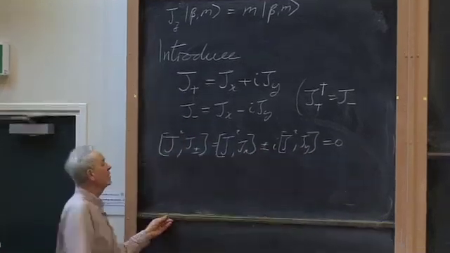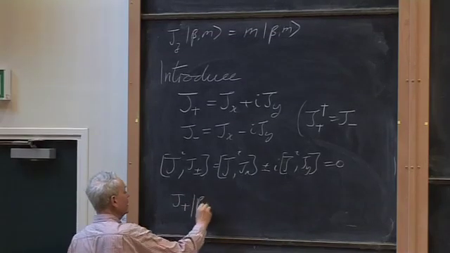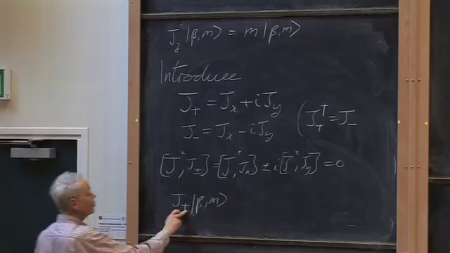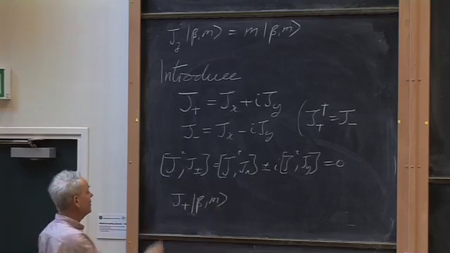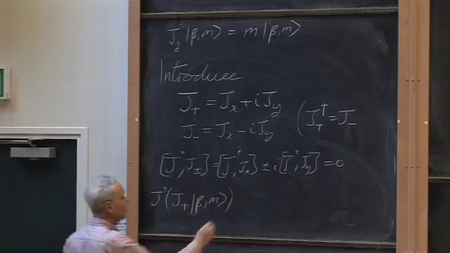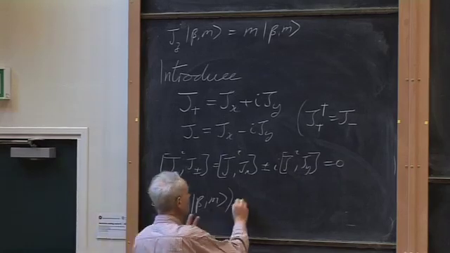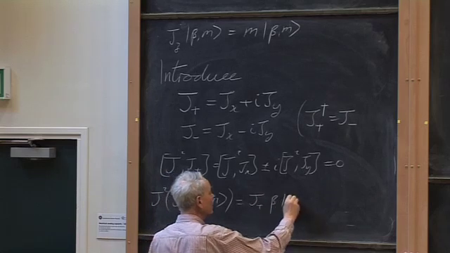That tells us that if you take J plus on beta m, you use this non-trivial operator on this state, you get some other state. What can we say about this other state? Well, one thing we can say is that J squared applied to it, because you can swap these two over, is the same as J plus J squared on beta m.